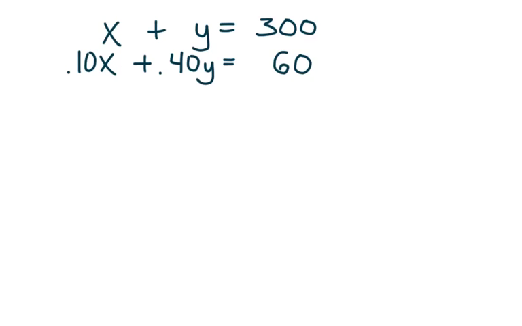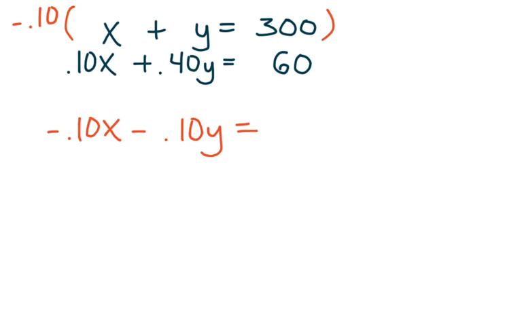So if I'm solving by elimination, I'm going to go ahead and eliminate the variable X in this case. And I can do that if I multiply the top equation through by negative 0.10. And then I'll clean that up. So my new first equation looks like negative 0.10x minus 0.10y equals negative 30.